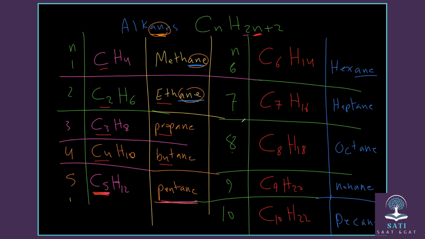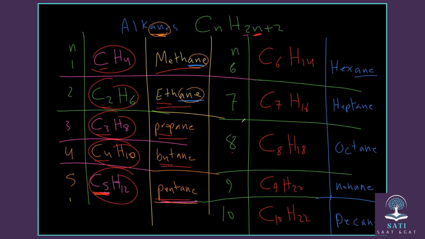Good. So these ones we need to remember. These 10 compounds, these 10 alkanes, we need to memorize them. And we need to remember each one, what is its molecular formula. Remember that these are called molecular formulas, and these are their names.